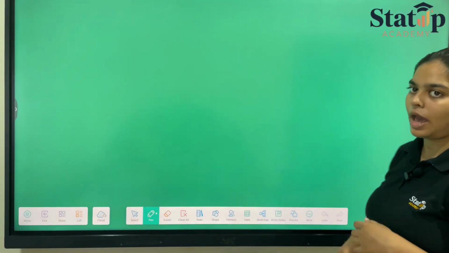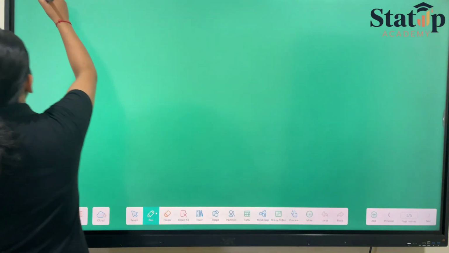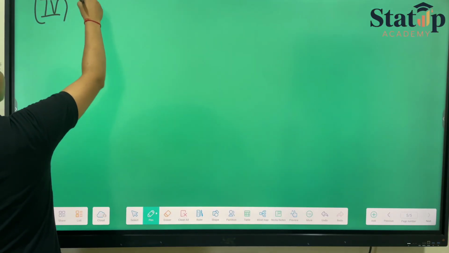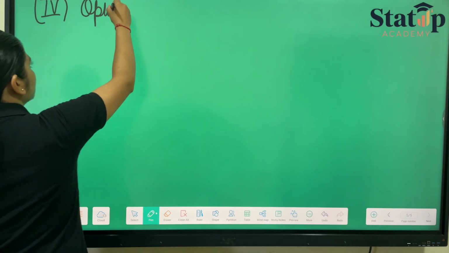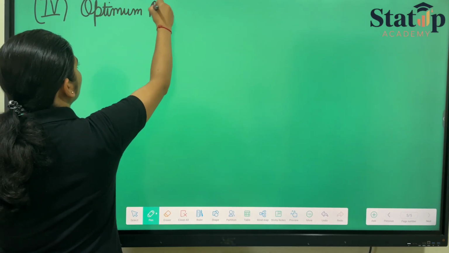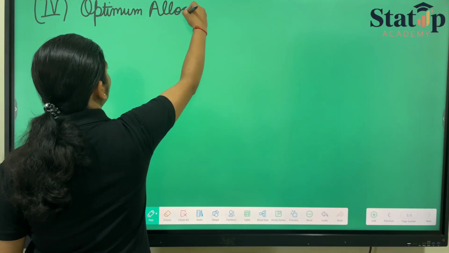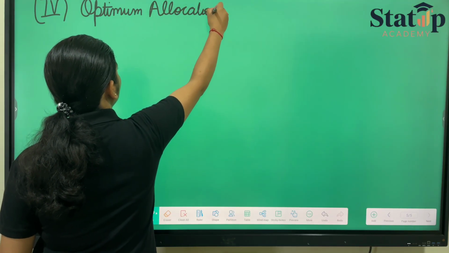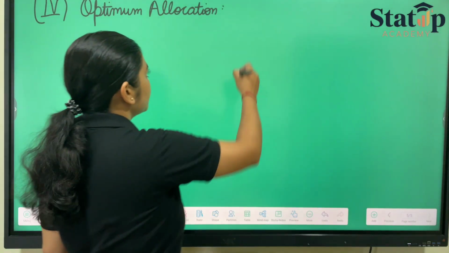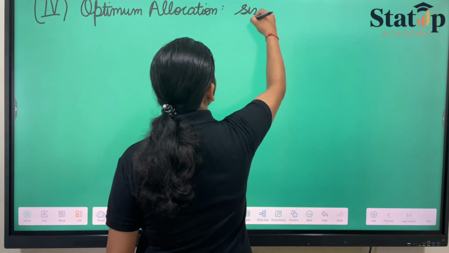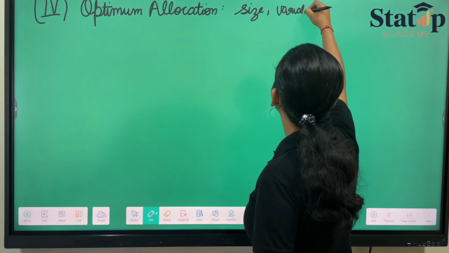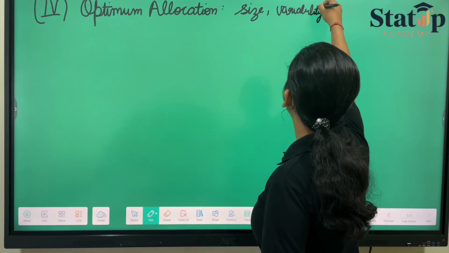Now the fourth and most important allocation is optimum allocation. Optimum allocation depends on three factors: size, variability, and cost.